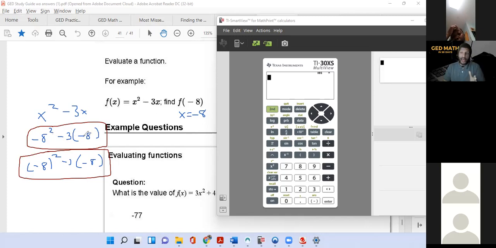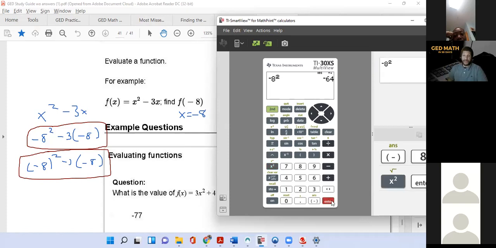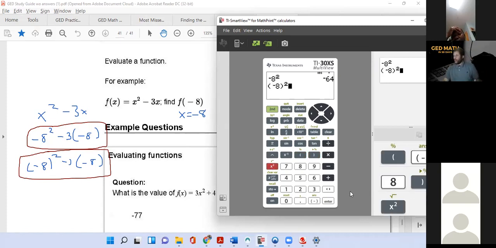The reason is that what it's saying is the number x, which is minus 8, needs to be squared, right? So let me show you on the calculator. Watch this. Minus 8 squared is equal to minus 64. Minus 8 in parentheses squared is a positive 64.